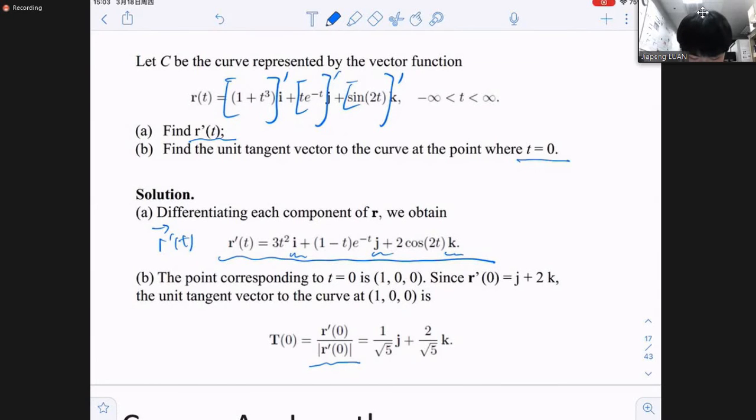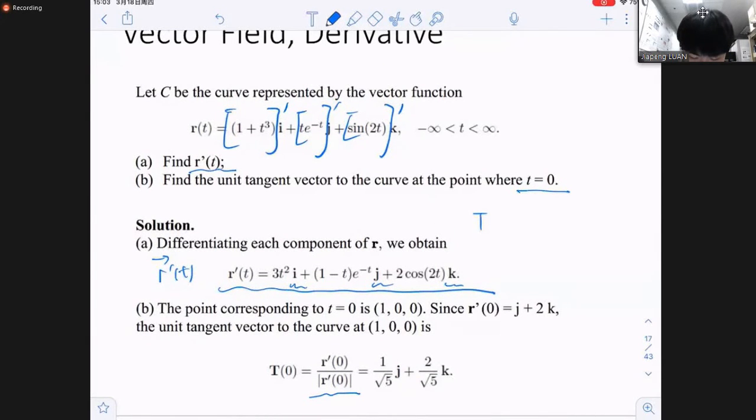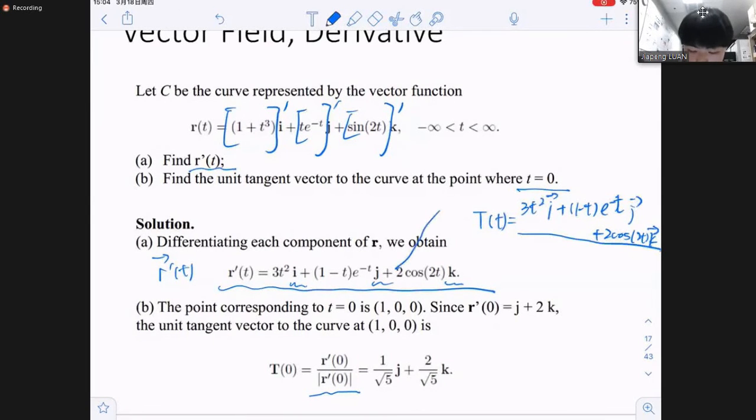For example, for this thing, the tangent unit vector is, right, you just put this here over the norm of it.